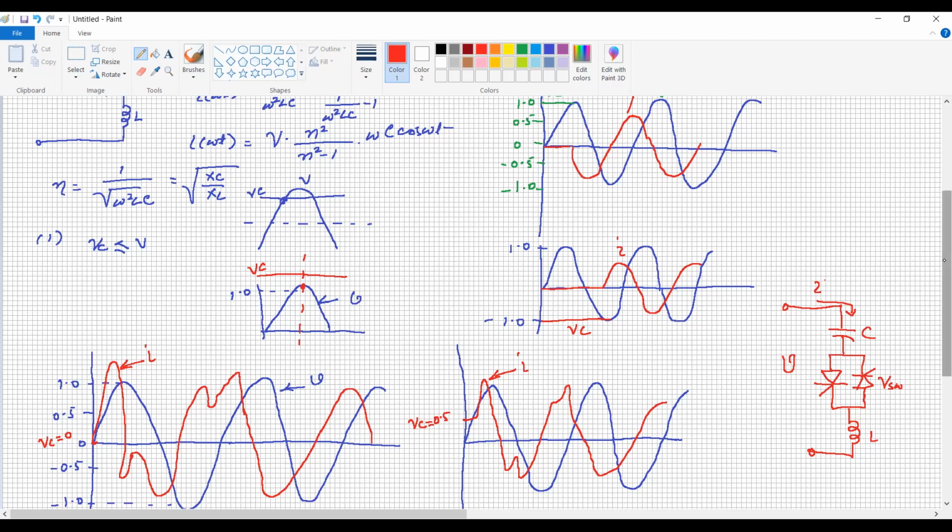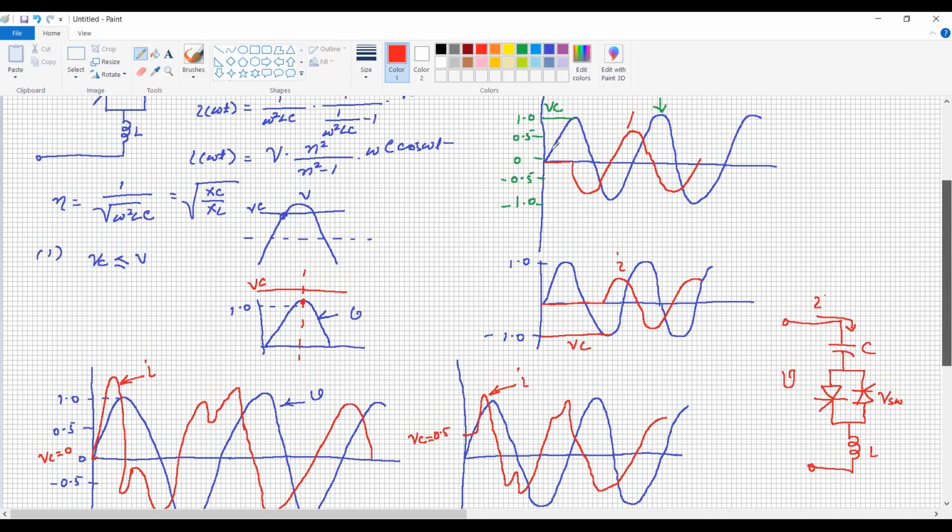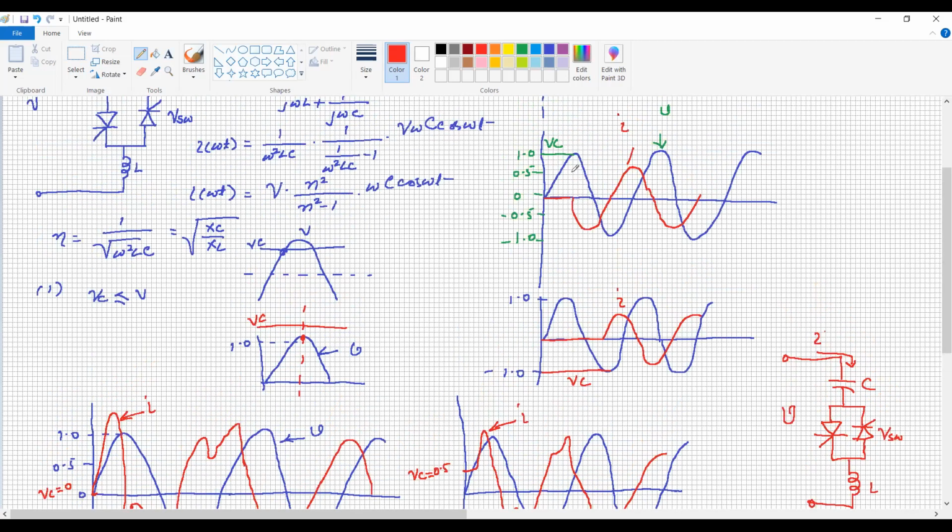It is clear from this diagram. For transient free switching, we have to start the capacitor at the maximum value of voltage. This is the maximum value of voltage. Or at the negative maximum voltage.